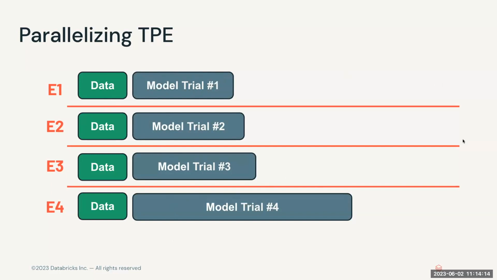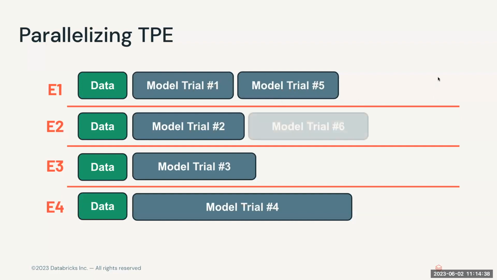What's nice about HyperOpt is it allows us to parallelize this, but it also allows us to say, okay, we've done model trial 1, and let's say the results were pretty bad. Now it's going to say model trial 5, let's try some hyperparameters that are very different than model trial 1 because it didn't do so well. So now we're leveraging the results from trial 1 to inform trial 5.